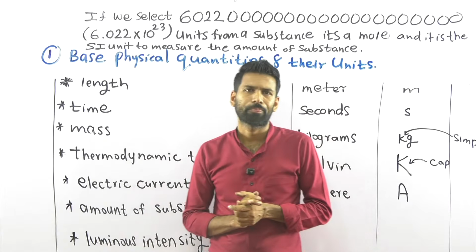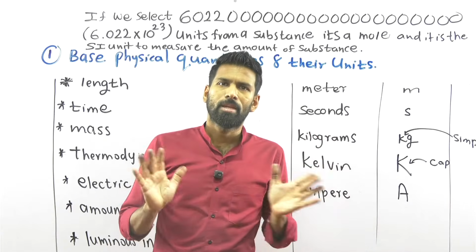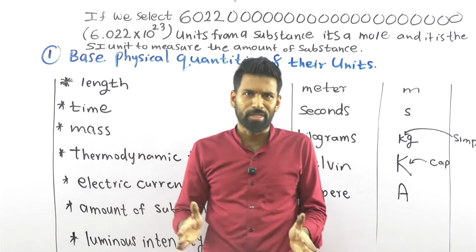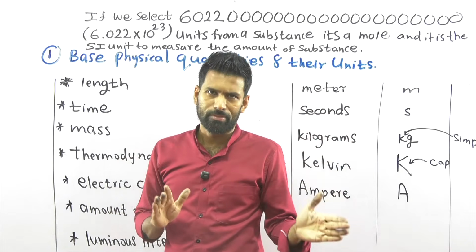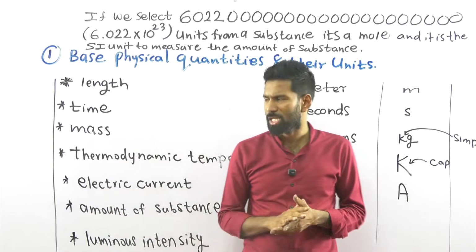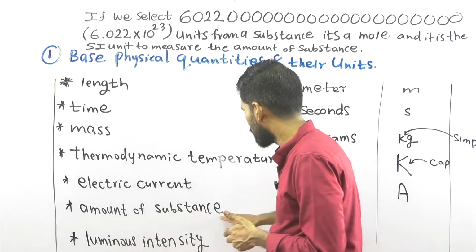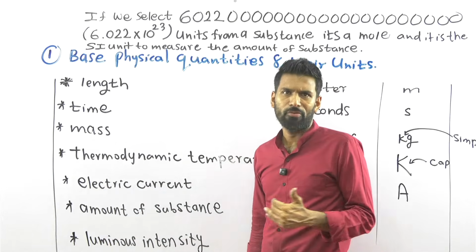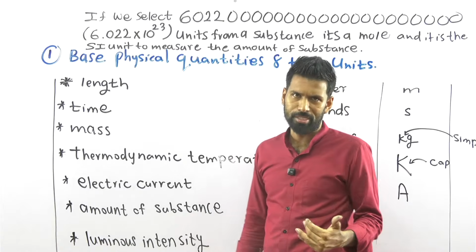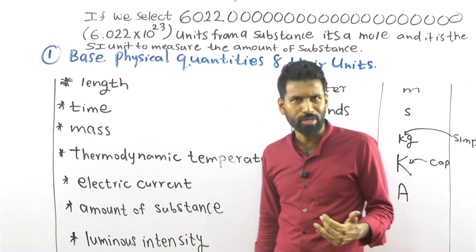Now listen again. Here there are 7 base quantities, and it said that there are 7 base units. Among them, I was explaining to you about the amount of substance. We are under SI units.